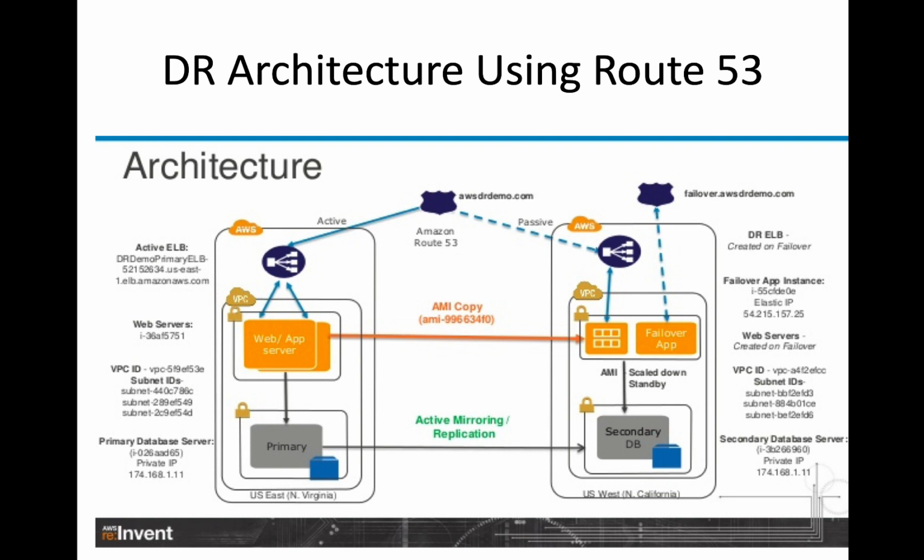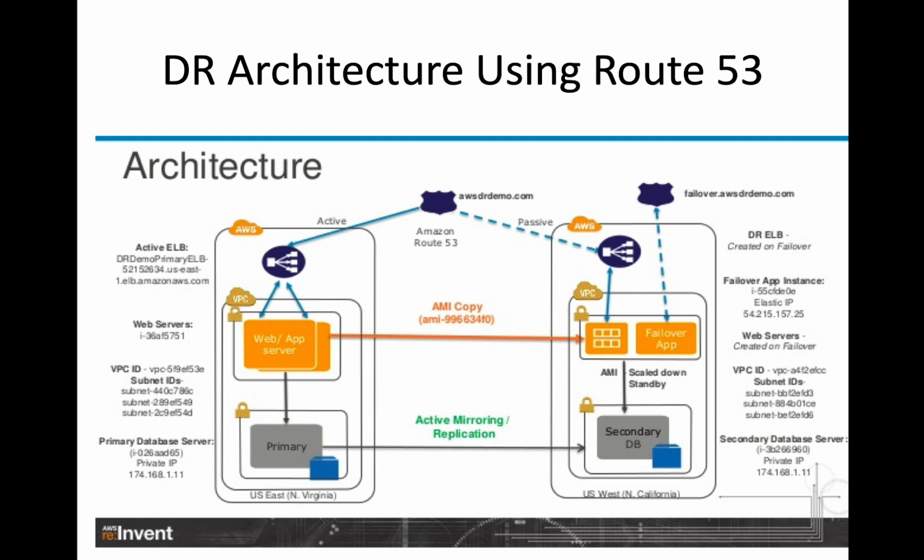All of our customers are actively going to US East 1. And the data in our database is being mirrored. It's being replicated to a secondary database located in US West 1.